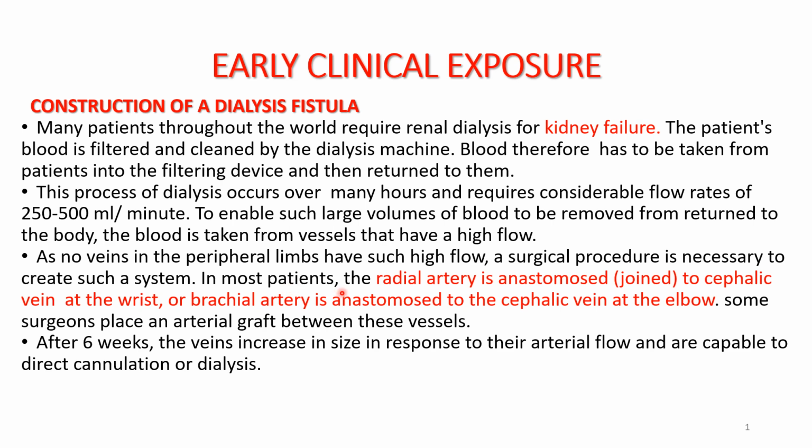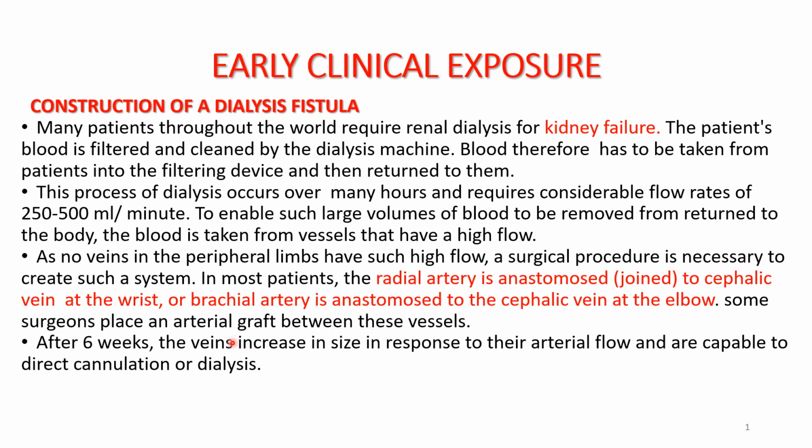In most patients, the radial artery, remember, it is a branch of the brachial artery, is anastomosed, that is, joined, to the cephalic vein, which is a vein in the upper limb, at the wrist. Or the brachial artery is anastomosed to the cephalic vein at the elbow.